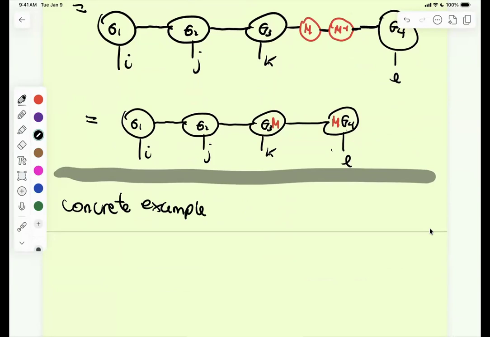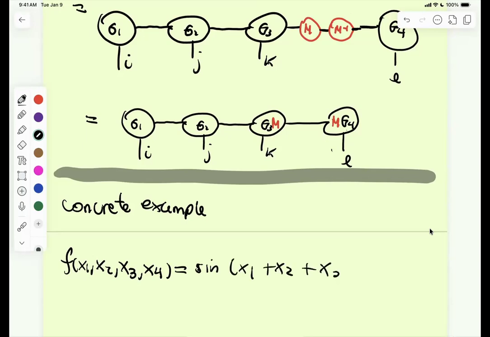So imagine you had this function of 4 variables, and let's think of it as continuous, so each of the variables is between 0 and 1.